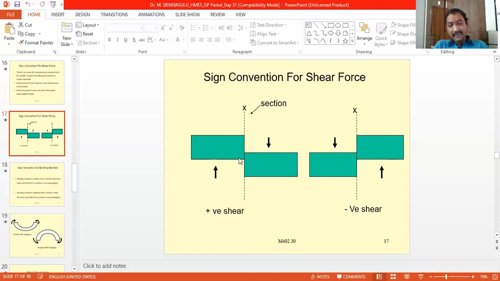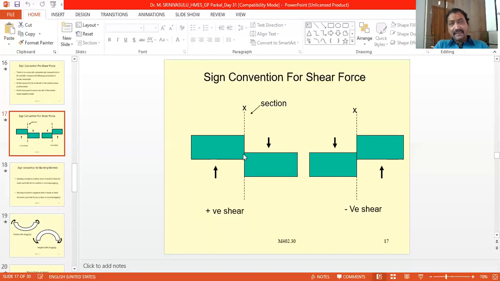To define the shear force or the bending moment, first of all we have to select a point, because if we take the total length, the amount of shear force and bending moment varies at every point throughout the length.